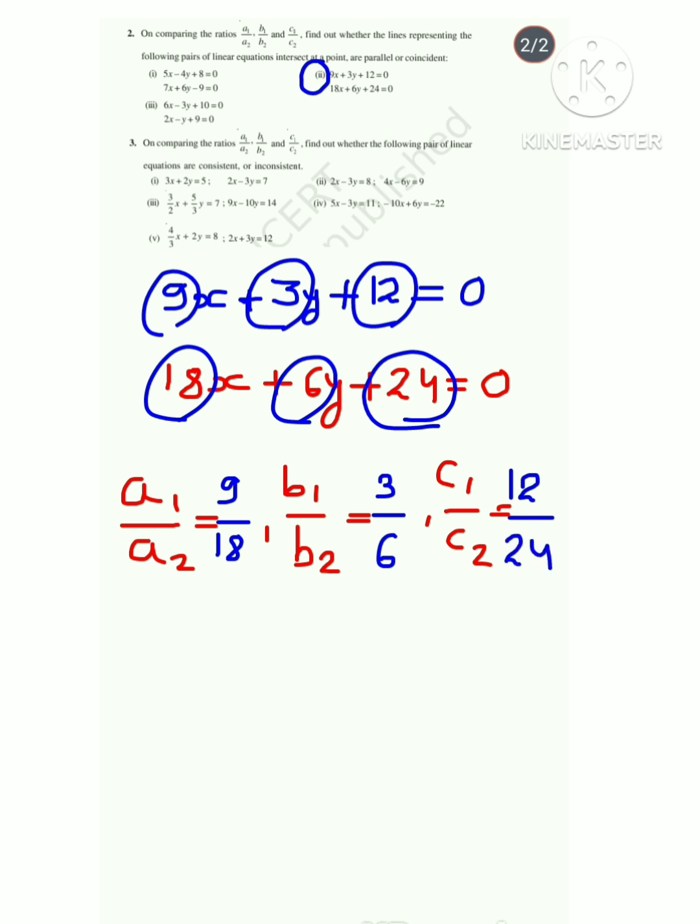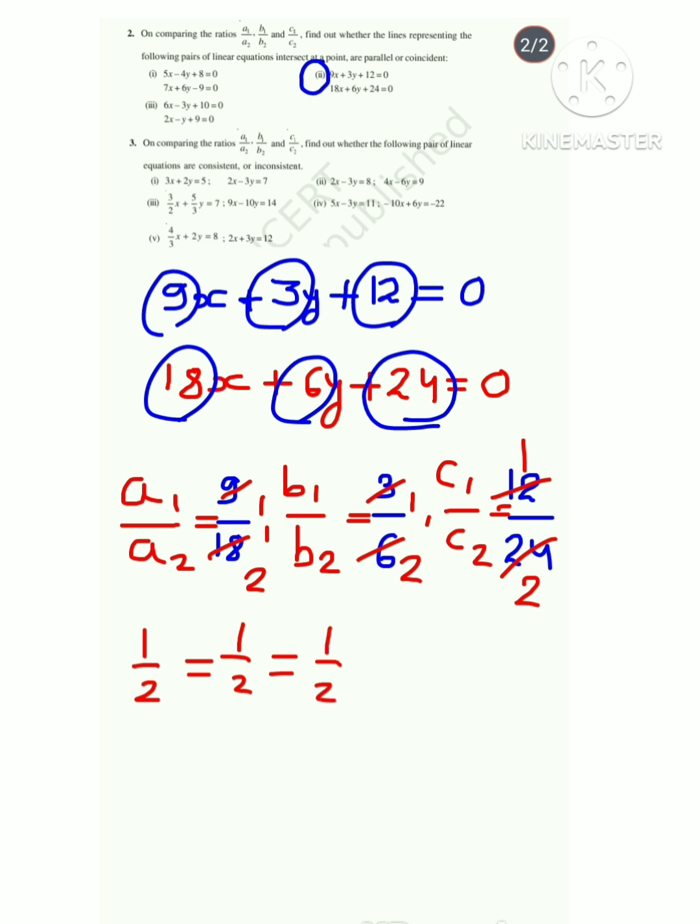Now we can cut like this: 9 ones are 9, 9 twos are 18, and here also 3 ones are 3, 3 twos are 6, and here also 12 ones are 12, 12 twos are 24. Now we can write 1 by 2 equal to 1 by 2, and here also 1 by 2.